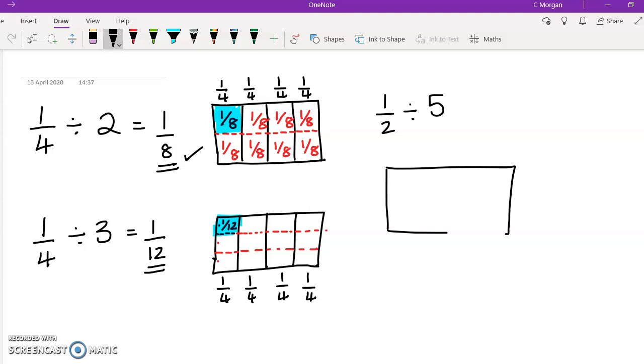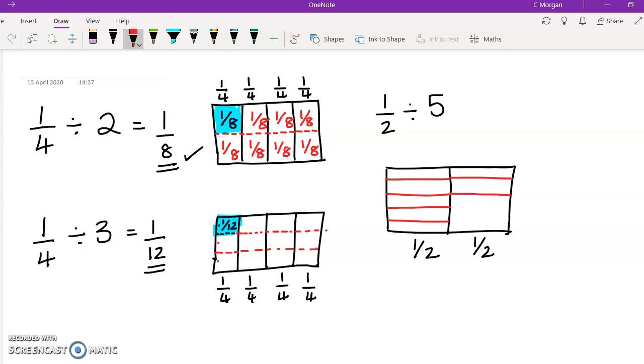So my chocolate bar this time is only going to be split between 2 people, so each piece is going to represent 1/2. I'm going to divide my bar of chocolate up into 5 pieces, so half is going to be divided up into 5 pieces. But I need to do the same for the other half, otherwise I won't have equal pieces of chocolate.